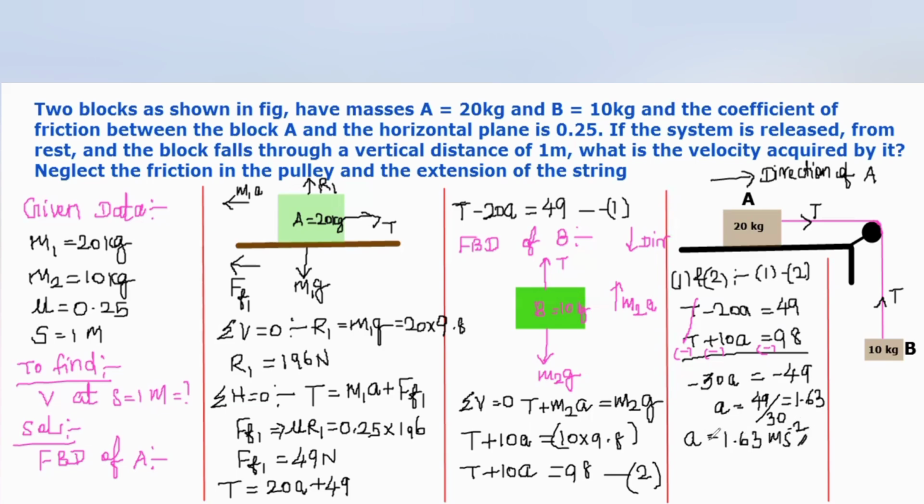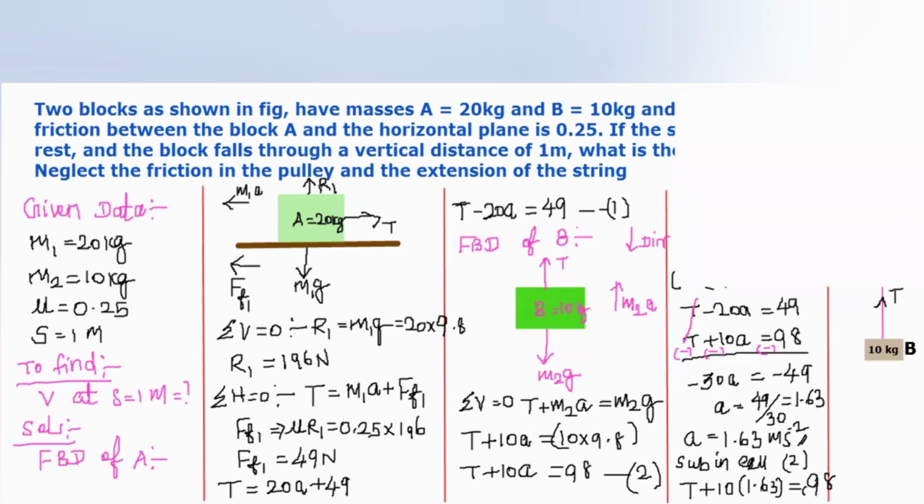Now substitute the acceleration value in any one of the equations. Better to substitute in the second equation. So in equation 2, T plus 10 multiplied with 1.63 equals 98. If you multiply 10 and 1.63, you will get 16.3.